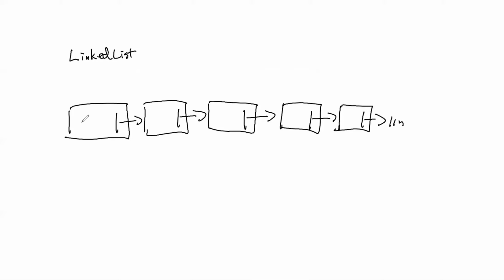In our case, suppose here we have 100, then 200, 300, 400, 500 stored in a linked list. Just like you store in an array or an array list, or in a stack or in a queue. It's similar, but here you store the number in its information part, and it has a next. Here is its information, and here is its next.